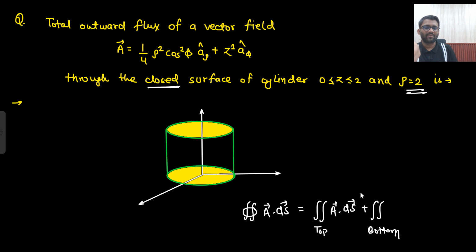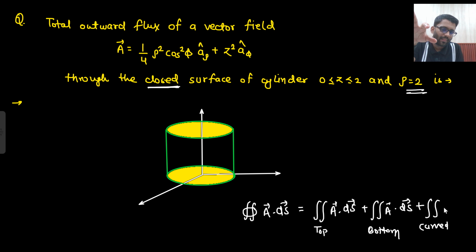I should have written the statement more clearly, that flux will pass from the upper side as well. In the examination, if the question comes, the language will be clearer. Do not worry about that. Top, bottom and curved, from all you need to find.